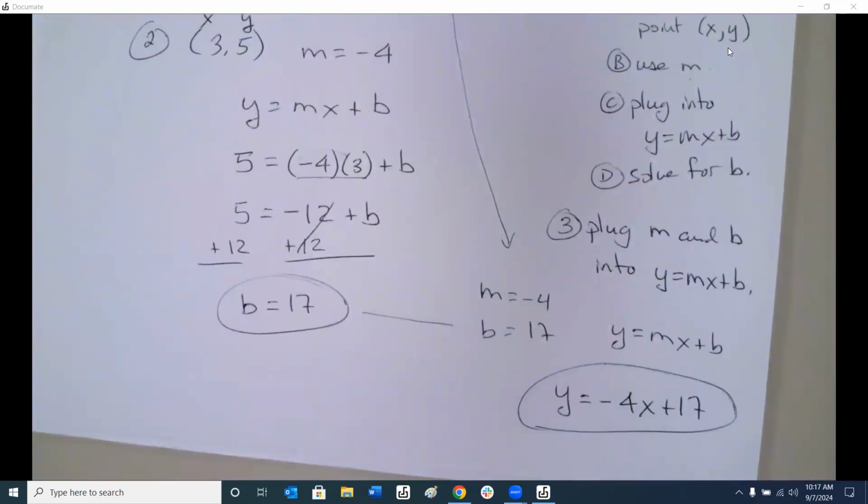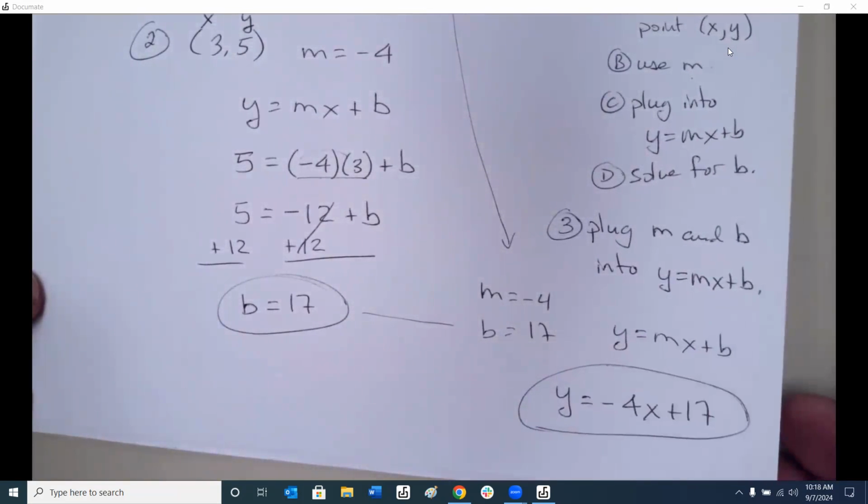That's the line that connects my 2 points. You got that? Anybody still writing?